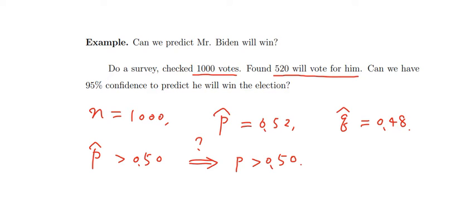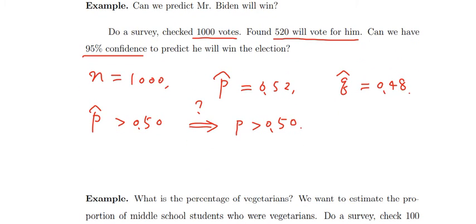If yes, then we can predict he will win. So with 95% confidence, let's find the 95% confidence interval for this p.